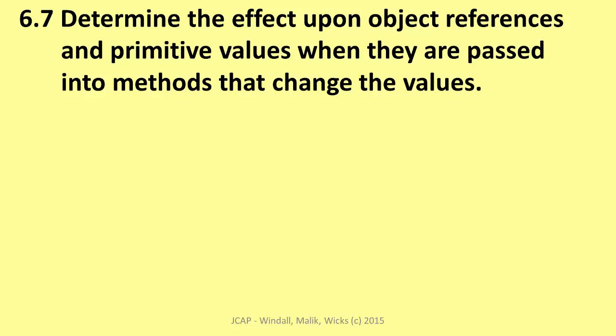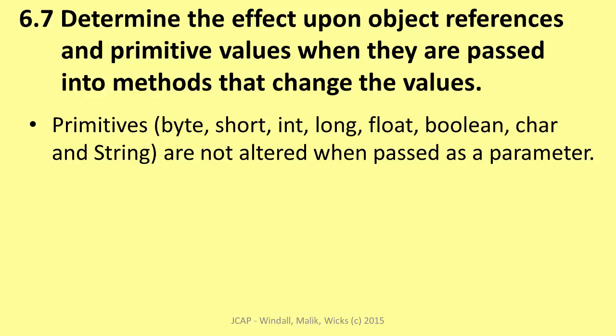Determine the effect upon object references and primitive values when they're passed into methods that change the values. This sounds quite complicated, but as you'll see, it isn't really. Primitives, byte, short, integer, long, float, boolean, char and string, are not altered when passed as a parameter.